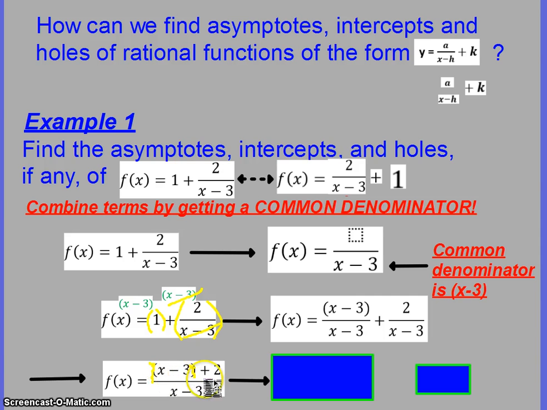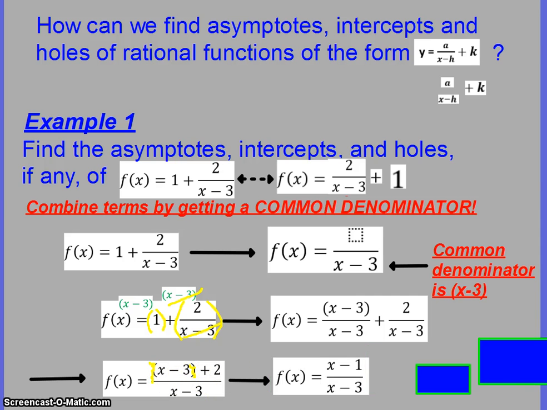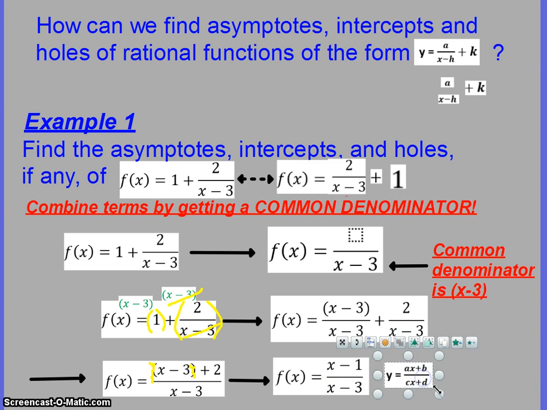The minus 3 and plus 2 make a negative 1, leaving me with x minus 1 over x minus 3. Okay, and now this equation is in the form of one quotient, and we know how to find the asymptotes, intercepts, and holes of a rational function in this form. So let's take it from here.